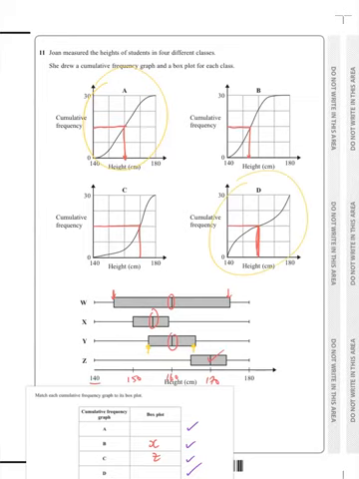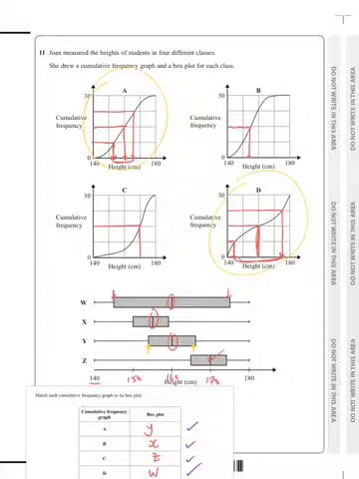If you look along here to the lower quartile and then the upper quartile, can you see the gap here is going to be smaller than this one? And this gap is bigger. So the interquartile range of cumulative frequency graph D is the largest, so W must be this one, and then the last one will be Y. So Y, X, Z and W.